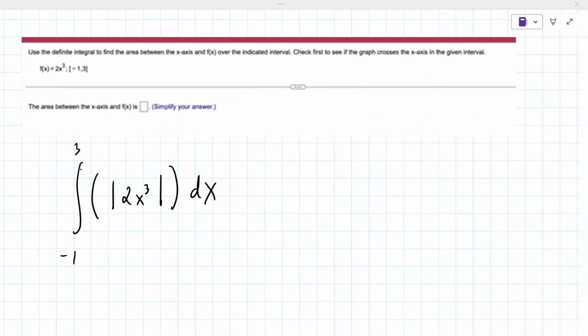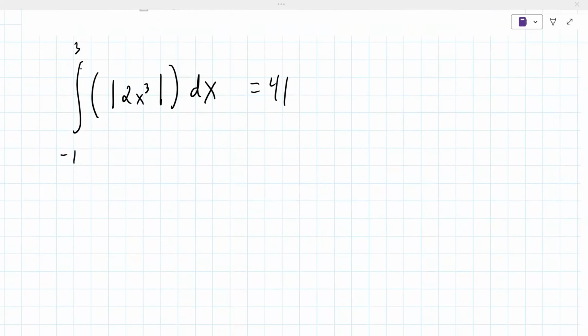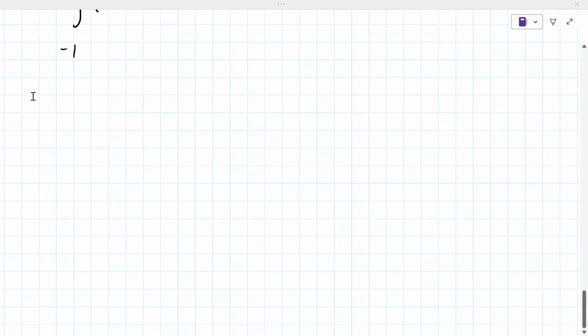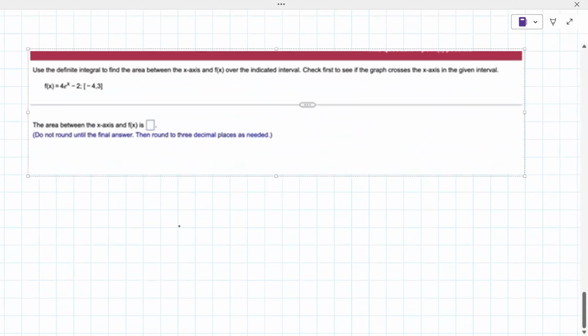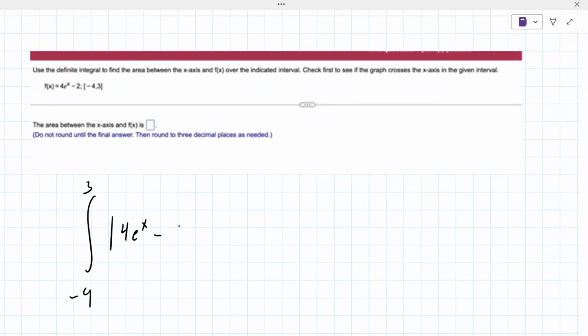I got 41. Right. So next one here, same thing. Integral from -4 to 3, absolute value of 4e to the x minus 2 dx.